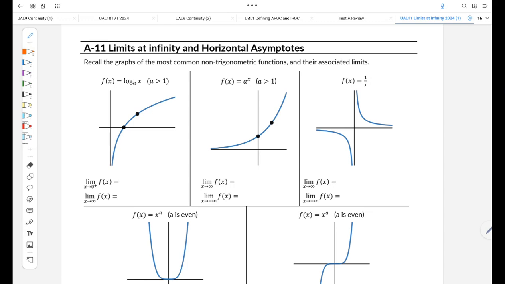So I started out with everybody's favorite, the logarithm. The thing that probably makes the least sense of anything that you've learned in math, just the way it is. But the logarithm, it doesn't matter what your base is, the graph always looks the same. When it comes to logarithms, we will primarily use ln, the natural log.